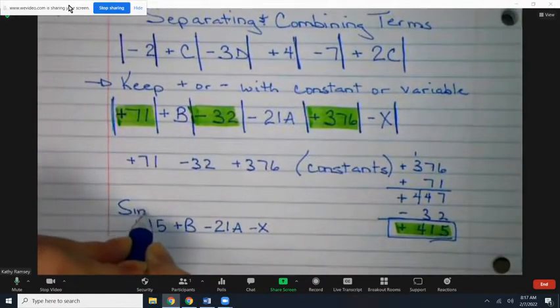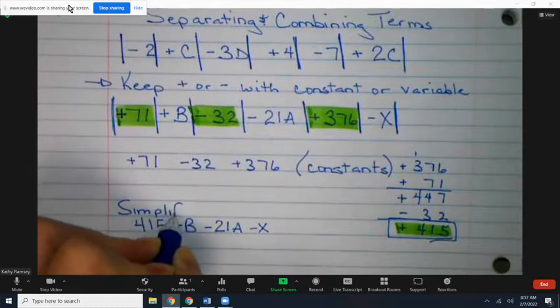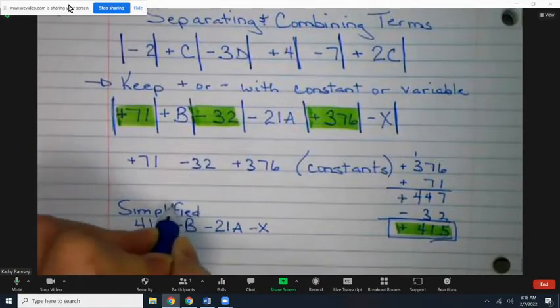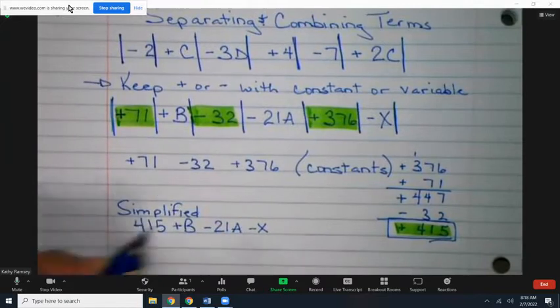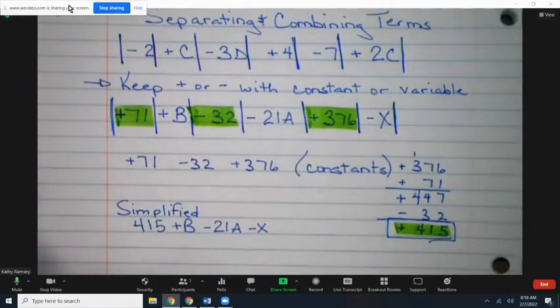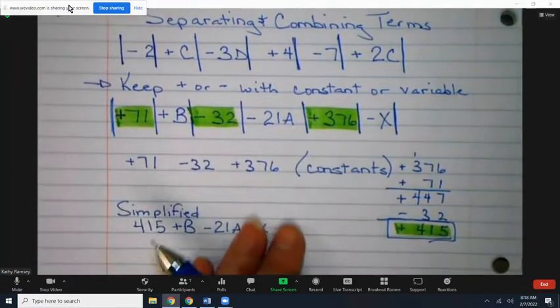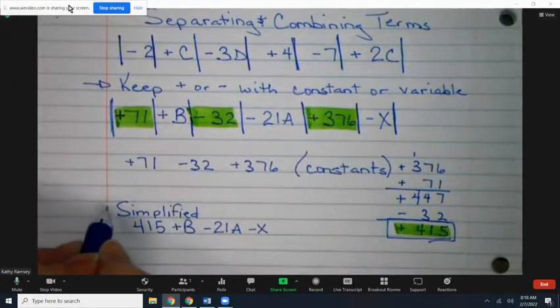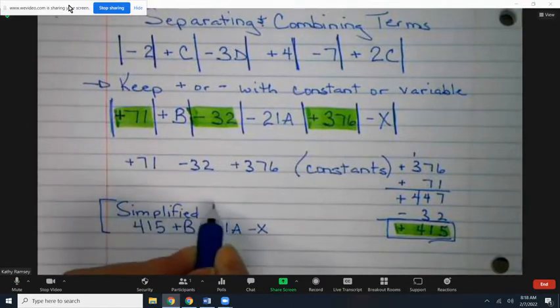So this is what we call simplified. I know, some of you just got triggered because you were thinking about a fraction. We're not simplifying fractions, we're simplifying expressions. So this is simplified.